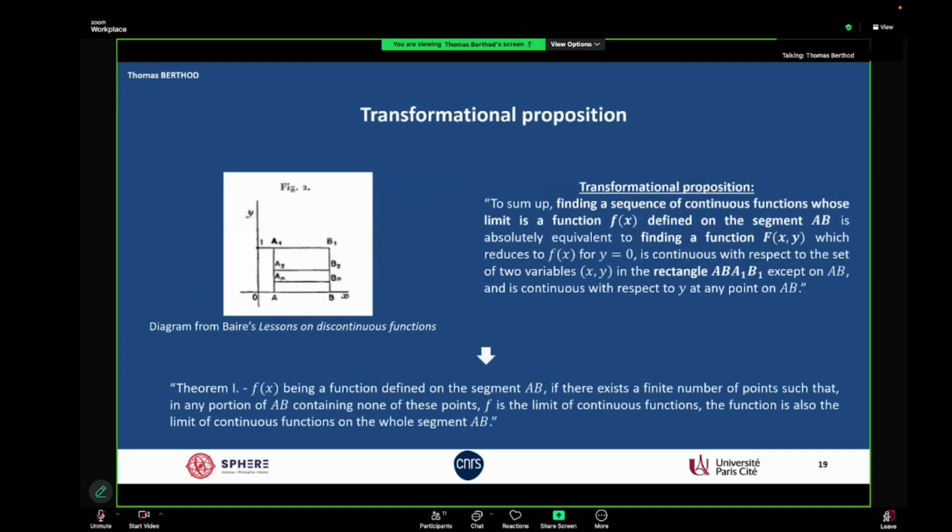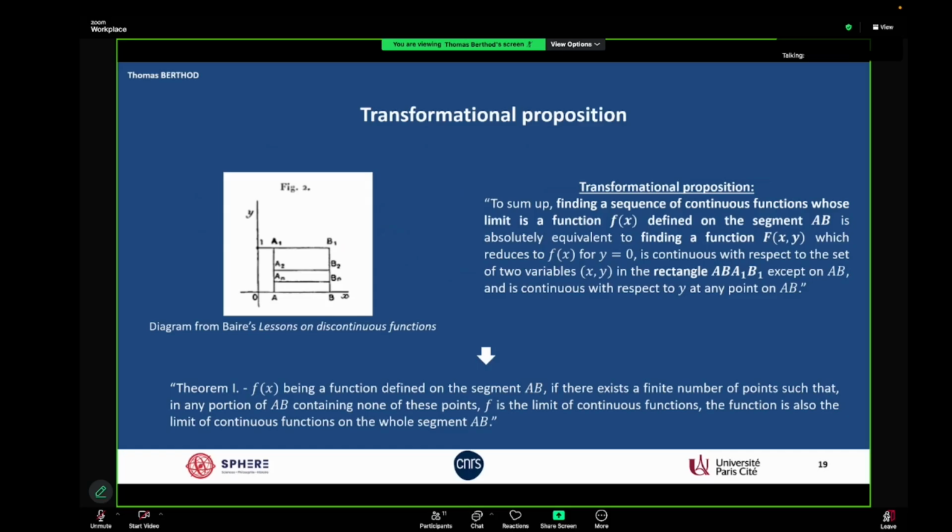Okay. So Baire introduced a first proposition, which I call the transformational proposition, that allows him to transform the case where you have a sequence of continuous functions into the case of a representation by a function of two variables.